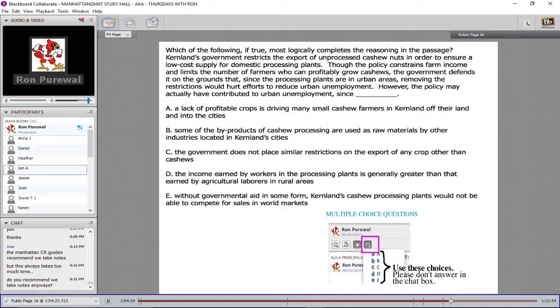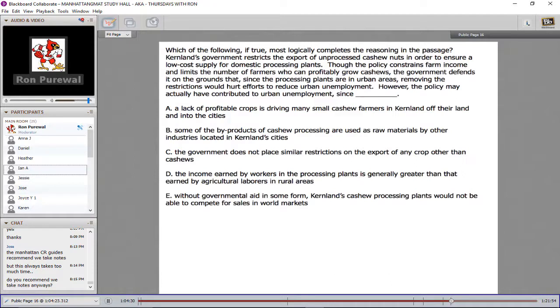Okay. Now, the question about taking notes. In general, you shouldn't take notes unless there's a reason why you should. In most cases, taking notes is not going to help you because there's only a few lines of text.